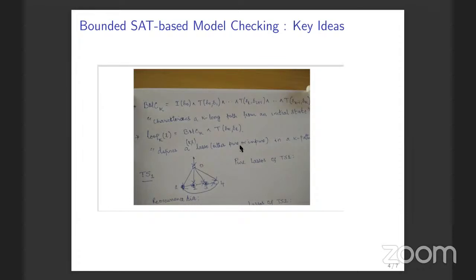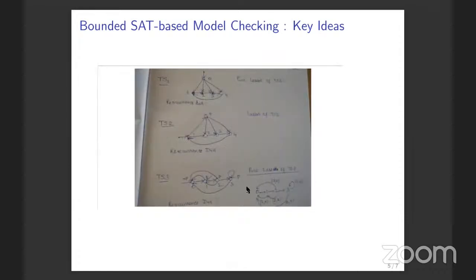Sometimes we distinguish between two kinds of lasso: a pure lasso and an impure lasso. A pure lasso is one in which there is no repetition of a state in the initial prefix part of it.